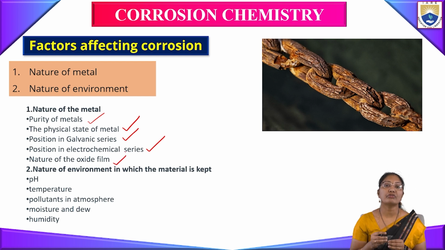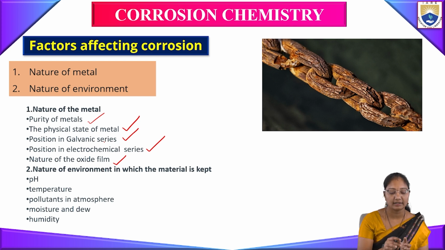It depends on whether the metal is anodic or cathodic. If it is an anode, it is more reactive; a cathode is less reactive to the corrosive products. So it depends on the position in the galvanic series, the position in the electrochemical series, and the nature of the oxide film forming on it.